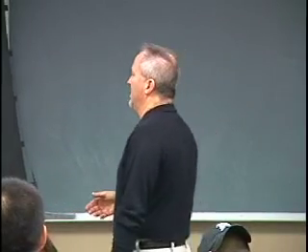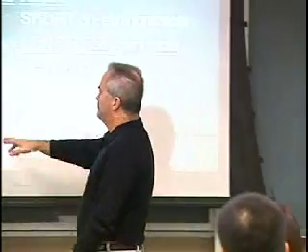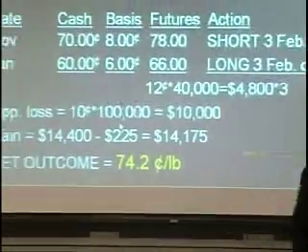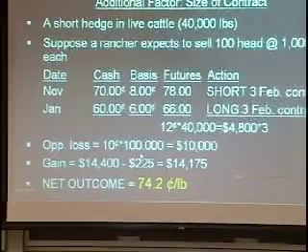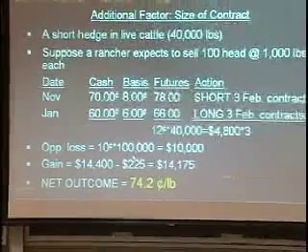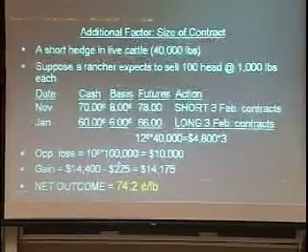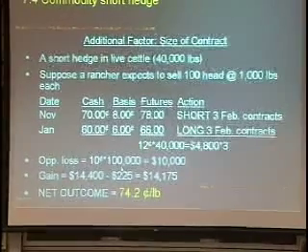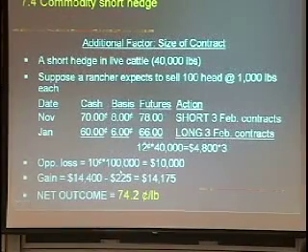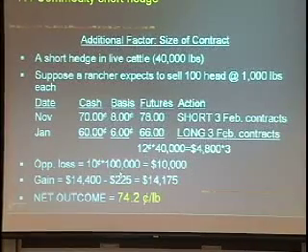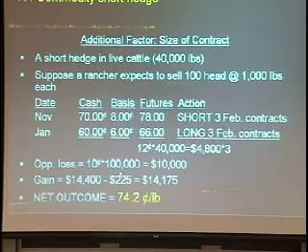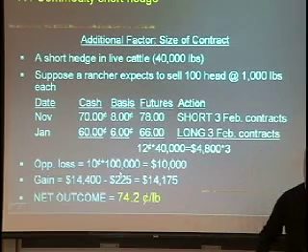So you get 60 cents a pound when you market them. And you can call your broker at the same time and you buy back those contracts, so you reverse your position. Then the next day you check your bank account and see how much money your broker has wired into your account as a result of this hedge. What's the profit on the futures trade? Pardon? Yeah, right here, 14,000.